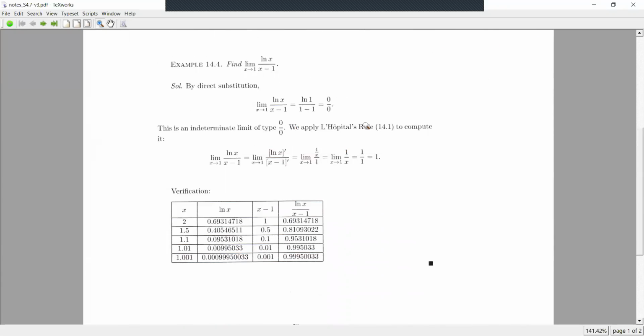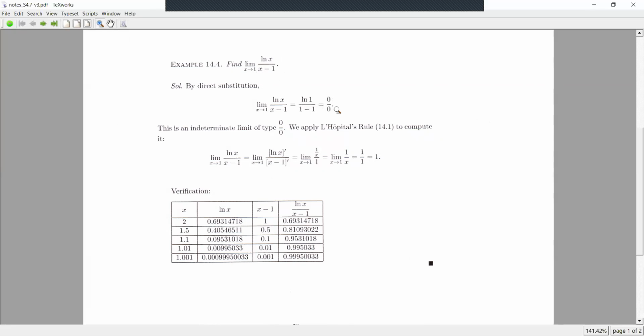Example 3. Find this limit. Again, direct substitution first. Plug in 1 for x, then we get this number. Calculator, natural log of 1 is 0. Again, we obtain 0 over 0.